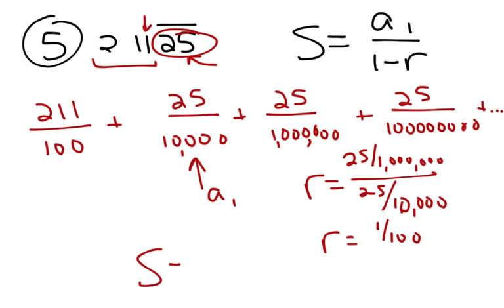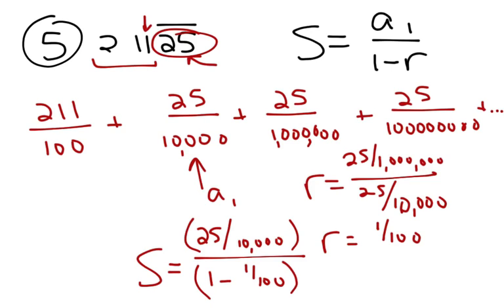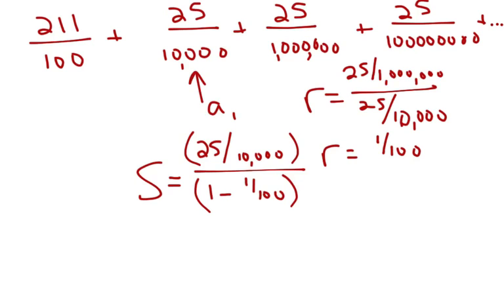So the sum of just the repeating part is the first term, 25 over 10,000, divided by 1 minus 1 over 100. And you can just put this in your calculator as long as you're using parentheses in the right place. And once you get that answer, you would have to add back to it the 211 over 100 to get the fraction that represents that repeating decimal.